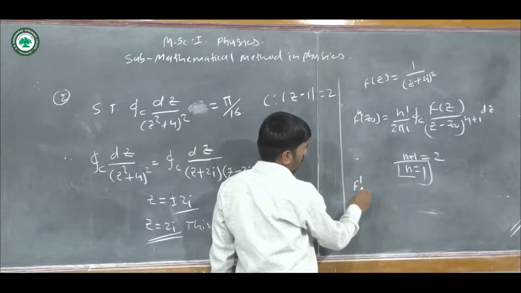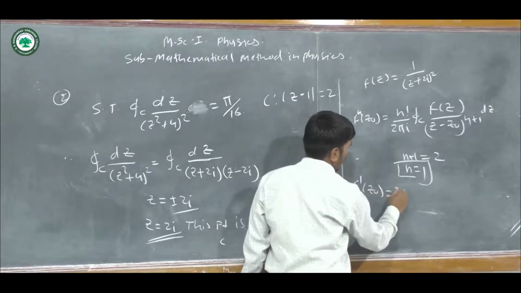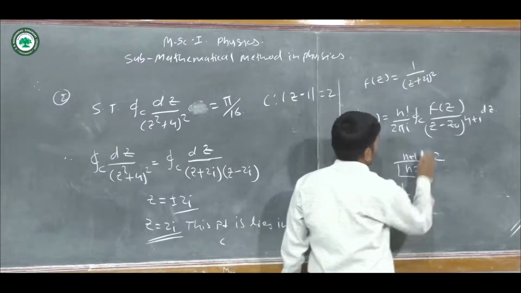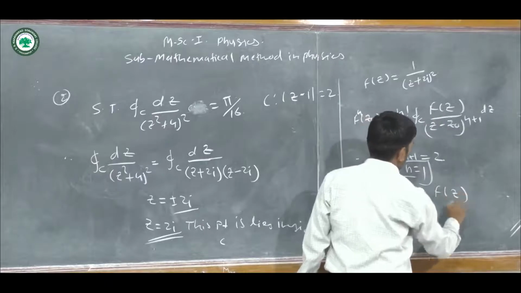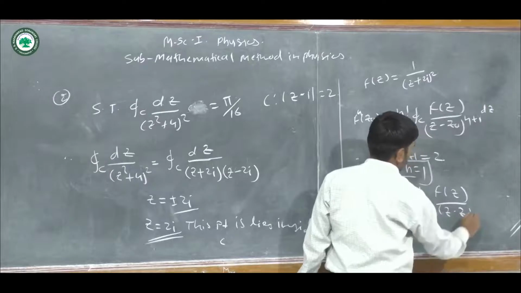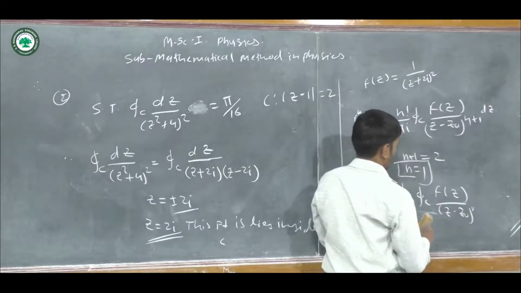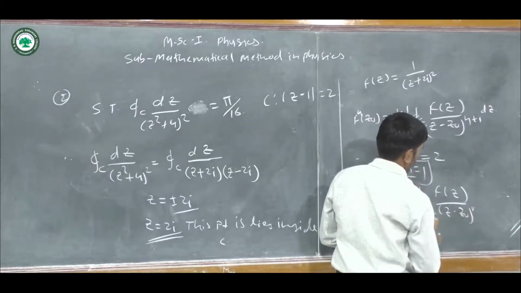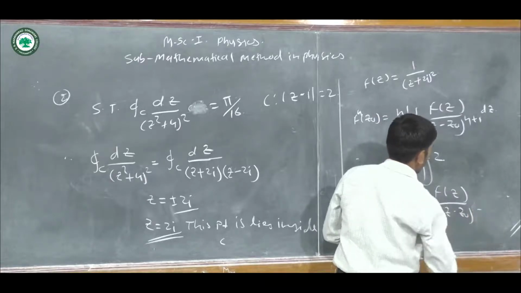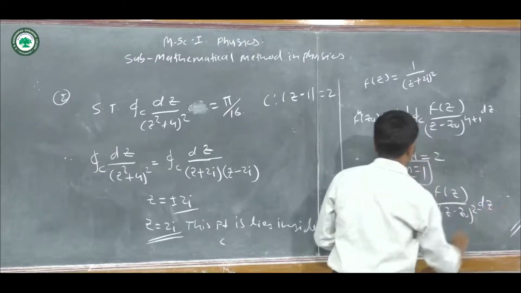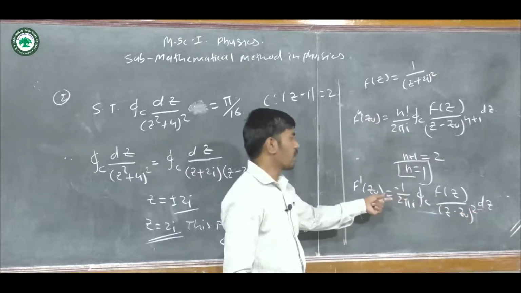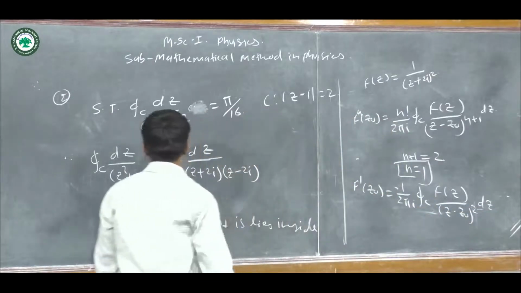So f prime of z naught is equal to 1 by 2 pi i, closed integral over C of f of z divided by (z minus z naught) whole squared, dz, since n plus 1 with n equal to 1 gives the square.